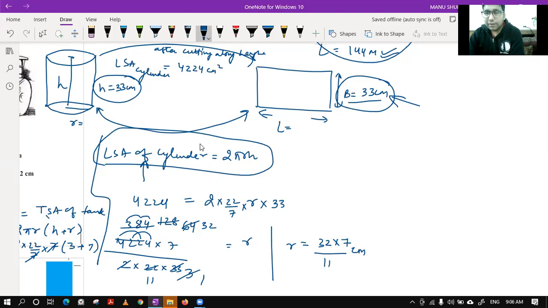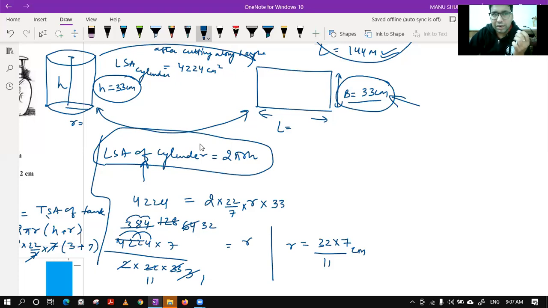Okay. Then what we can say is, if you compare these two figures, if h was the same as breadth, what is the relation between r and l? Class, if r is the radius of the cylinder, and you open it, this becomes the complete length.